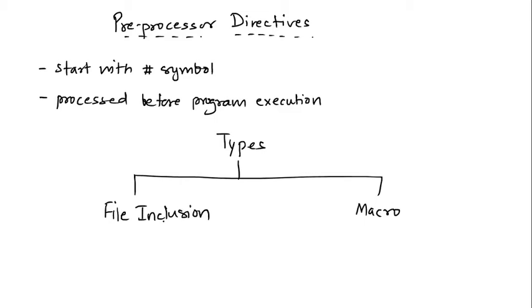If I want to use a particular library function, I have to include the corresponding header file in my program. And the job of including that header file is done by the file inclusion directive. So the file inclusion directive is nothing but hash include.